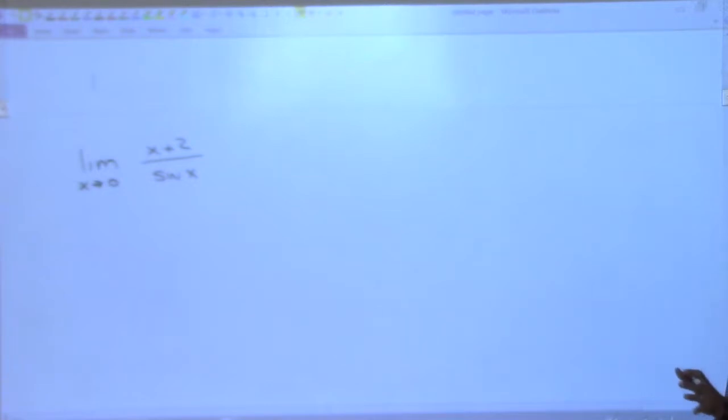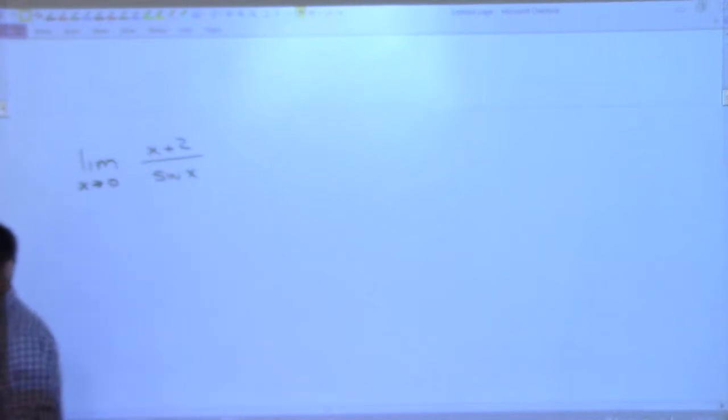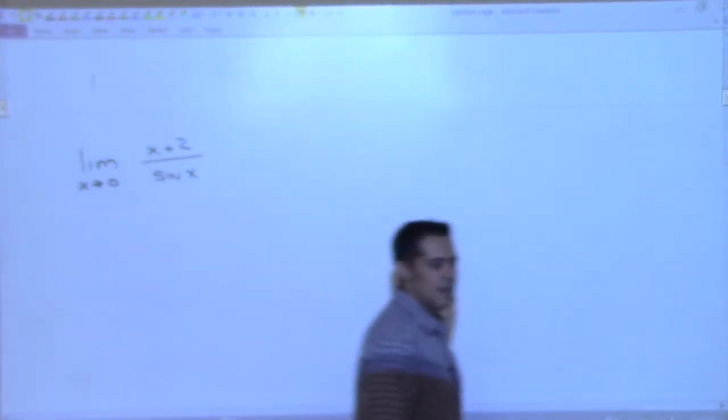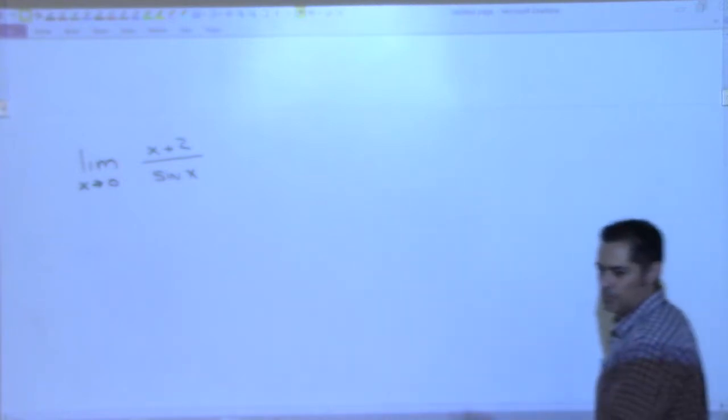Do not tell me sine junk over junk. Don't be thinking that. Why, everyone? Why is Michael not going to be going, oh, this is that sine junk stuff? Because Michael remembers the first step for taking any limit. And the first step, Michael, is to do what? Plug it in.